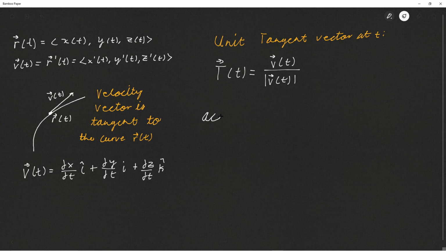So our acceleration is just going to be our a of t, which is the derivative of the velocity vector, or the double derivative of our position vector. And then finally we have our normal vector, which is equal to the derivative of T divided by the magnitude of T prime.